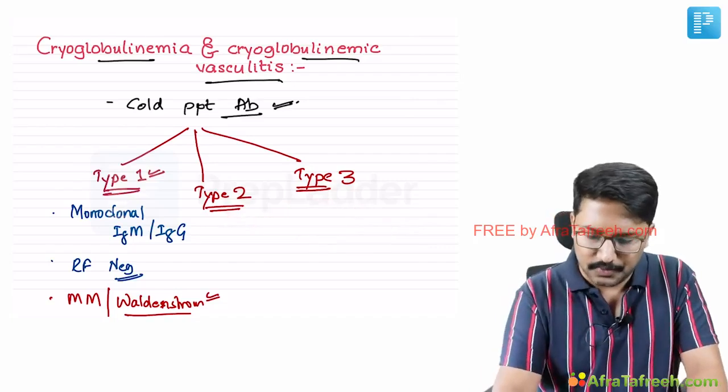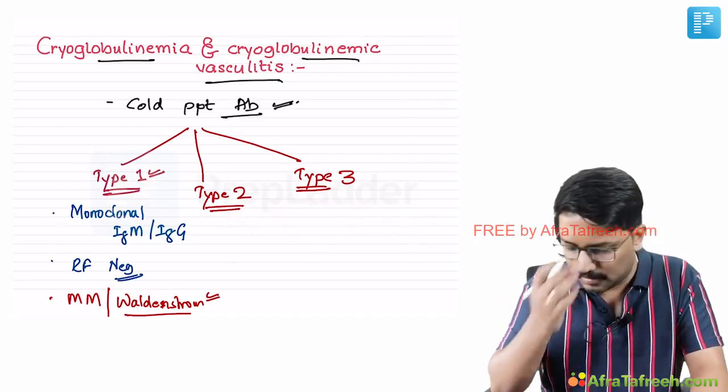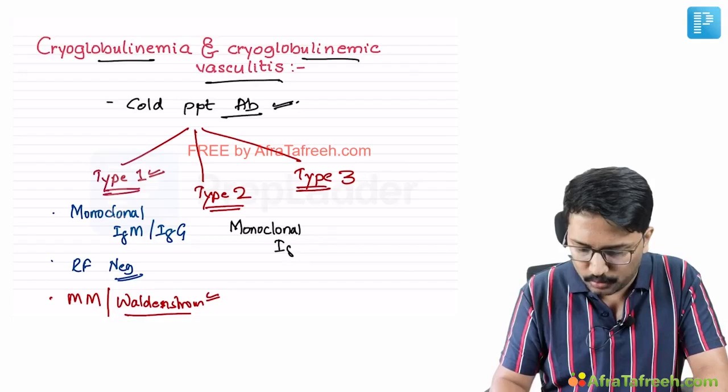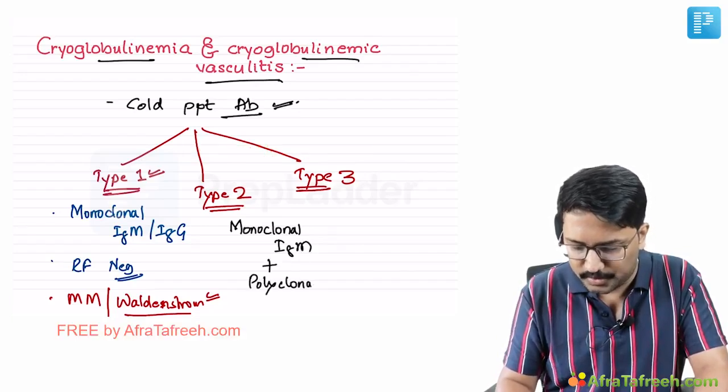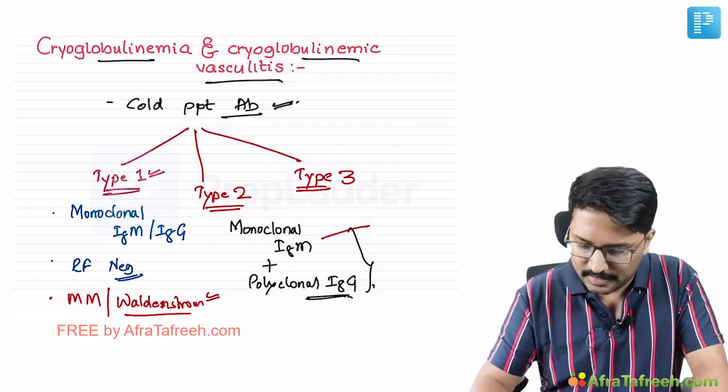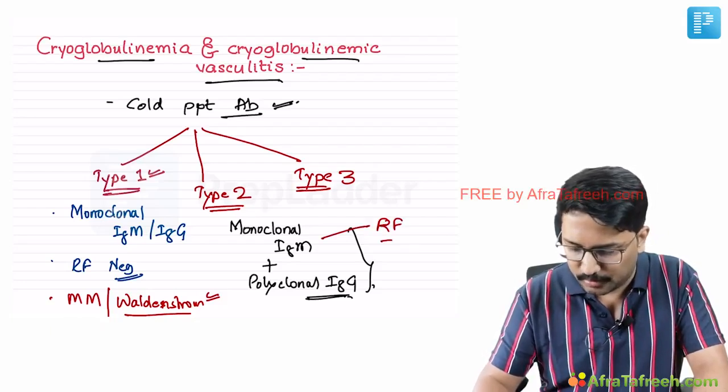Okay, so what is type 2? Type 2 is where the cryoglobulins comprise monoclonal IgM plus polyclonal IgG. In these patients, this IgM has rheumatoid factor positivity, right?